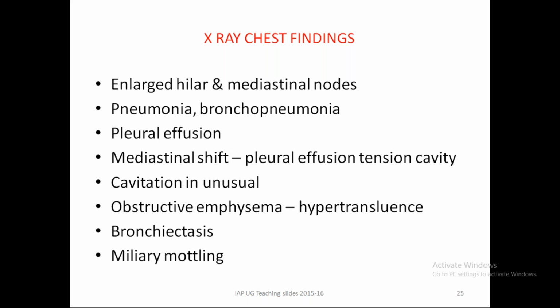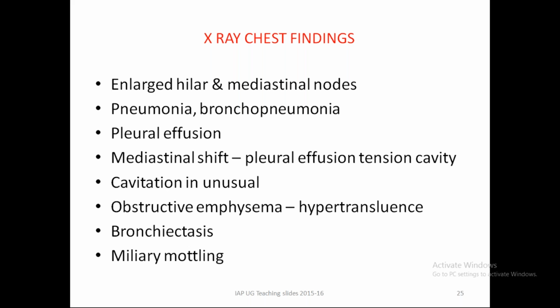So the chest X-ray findings which we routinely examine: enlarged hilar lymph nodes is one of the classic features which we see in our pediatric age group. The child may either have pneumonia or develop bronchopneumonia. Pleural effusion might be seen. Mediastinal shift will be present. Cavitation is unusual in the pediatric age group. In adults you can see obstructive emphysema, there will be hypertranslucency.